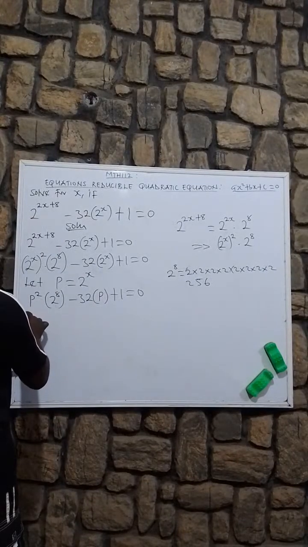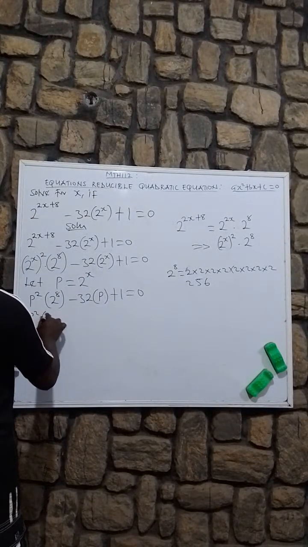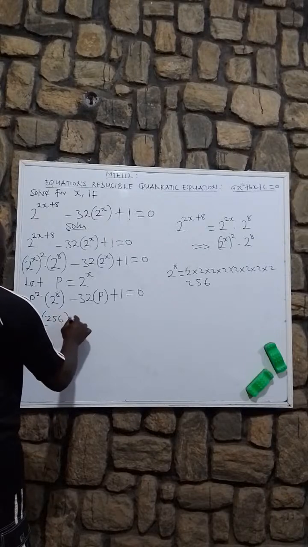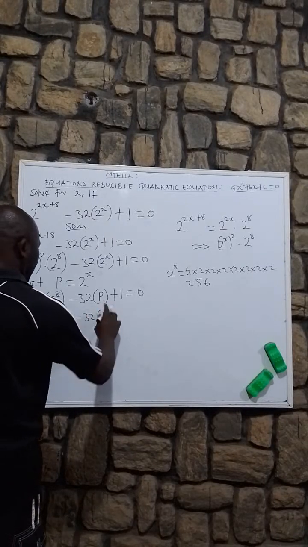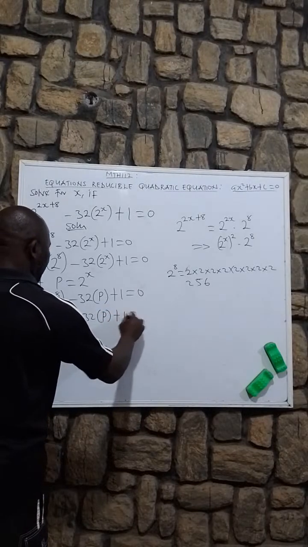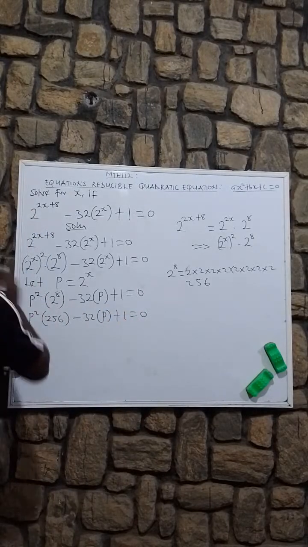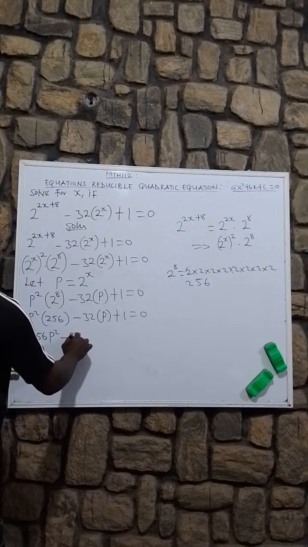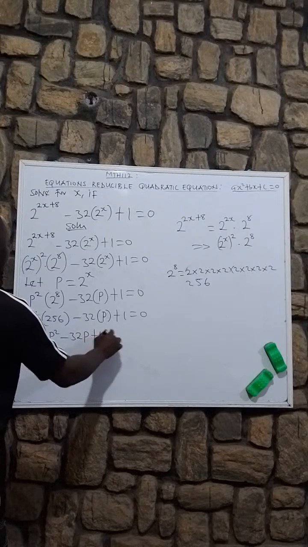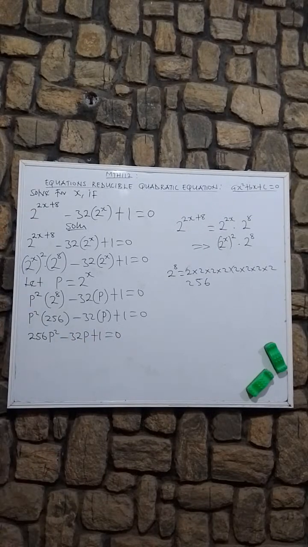So here will now be p squared, open bracket, 256 minus 32, open bracket, p plus 1 equals 0. Multiply: 256p squared minus 32p plus 1 equals 0.